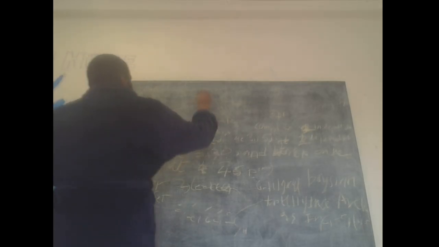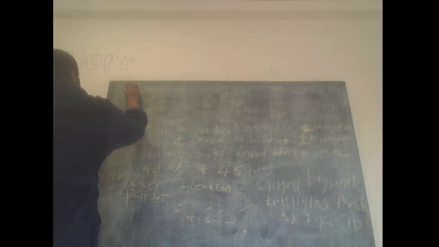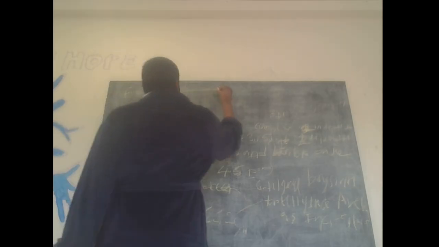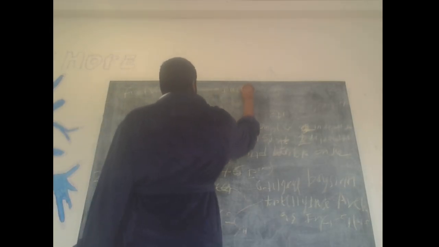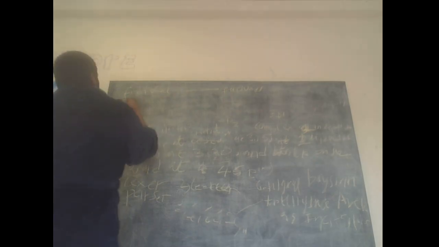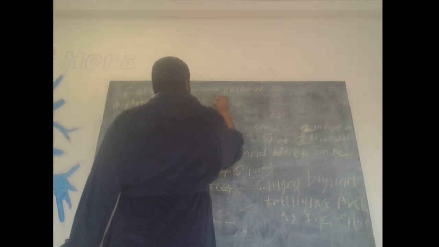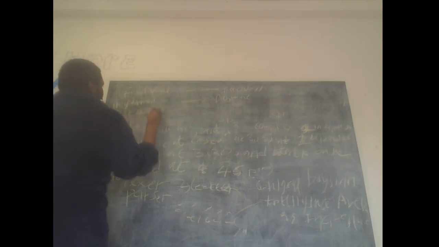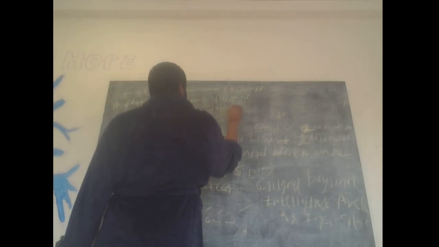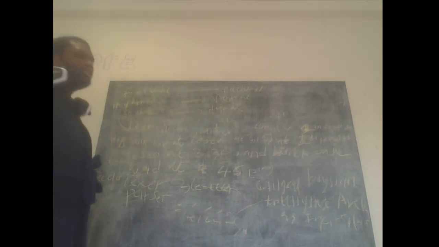You're going to have fictional access to factual, informal language to formal language, a static language to a dynamic language. So this is the distributed language model, and this works.